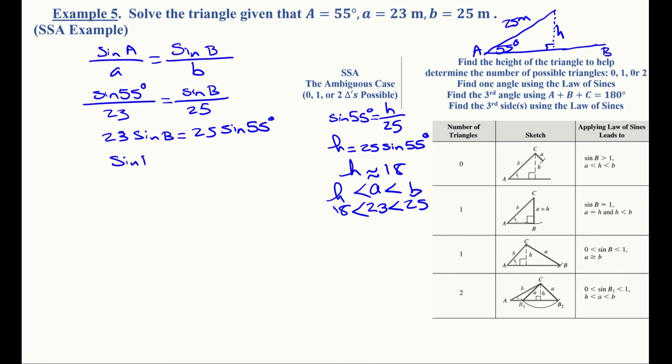So sine B is going to be 25 sine of 55 degrees over 23. We're going to plug that into our calculator, and remember, B will be the inverse sine of all that.